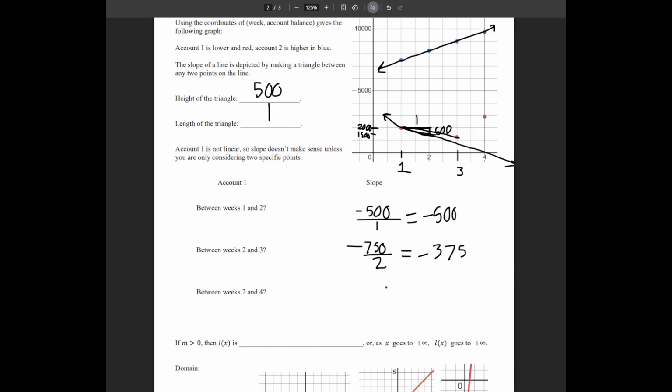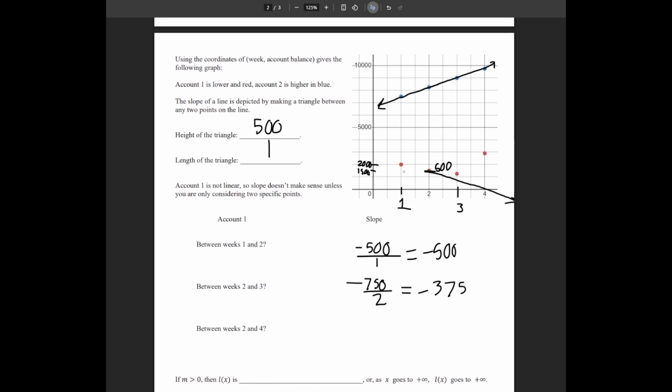All right, next up. Oh, this is in between 2 and 4. Let me clear this. Sorry about that. All right, adjust that. So if we were to look between 2 and 3, it'll be the same math, but your line will be slightly different. Oh, that's week 1, so 2 and 3.